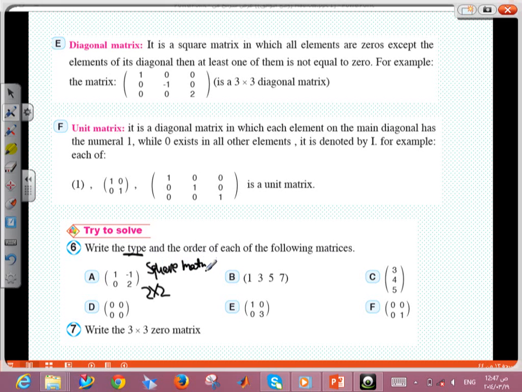Then number B is 1 times 4, and this is called a row matrix. Number C is a column matrix, and its order is 3 times 1. That's it.